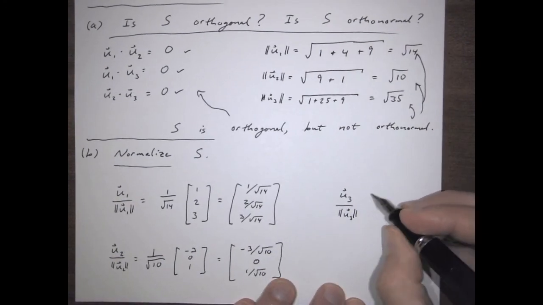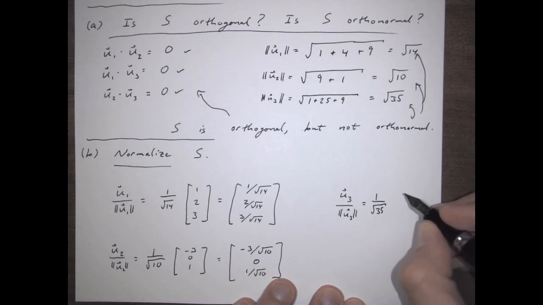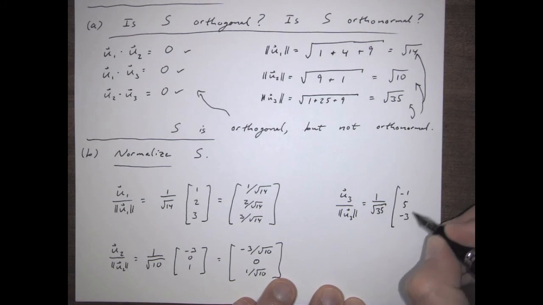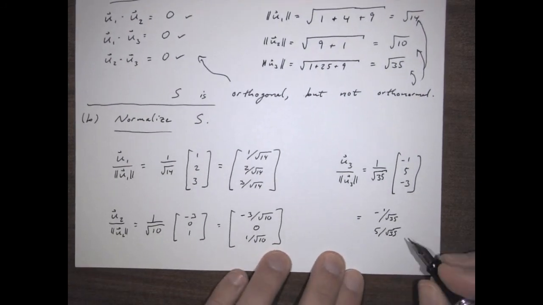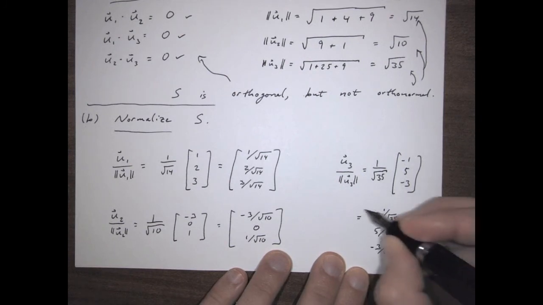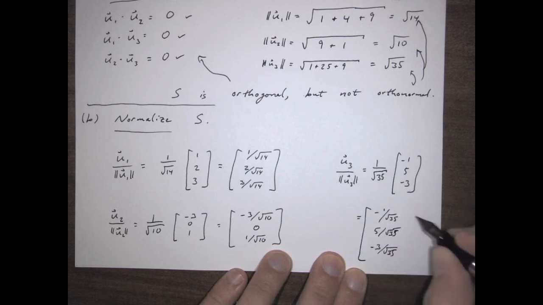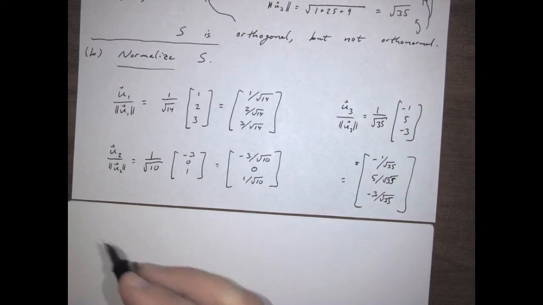So now what we have is going to be 1 over root 35 times (-1, 5, -3), which is going to be negative 1 over root 35, 5 over root 35, and then negative 3 over root 35, and there we have now an orthonormal version.